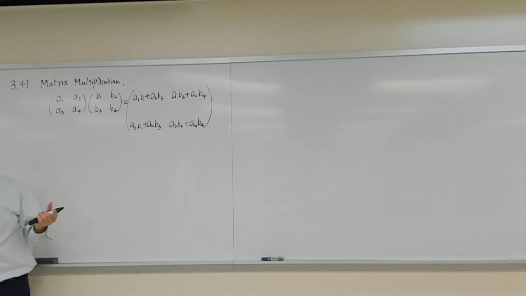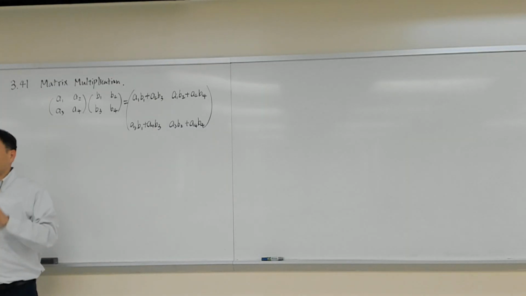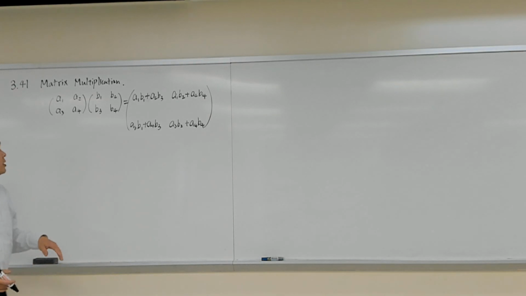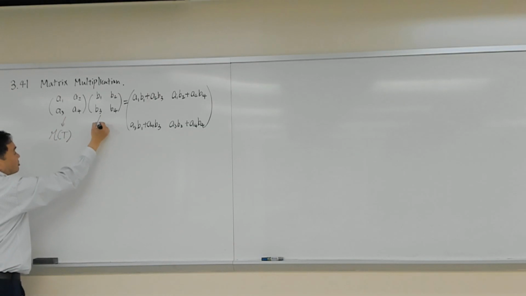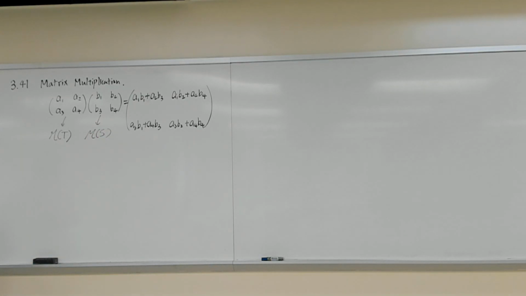So let's think about all of these on the standard basis, the i and j for R2. And let's say this is the matrix for T, and this is the matrix for S.